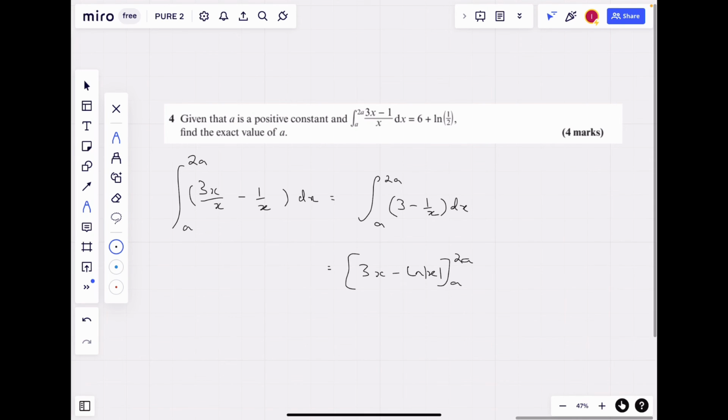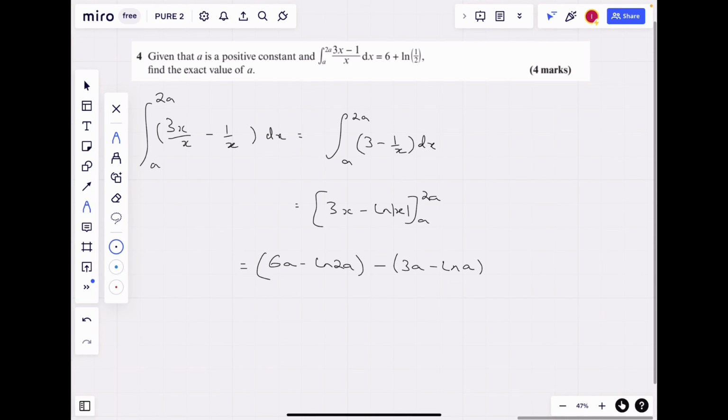Let's plug it in first. So 6a minus ln 2a minus 3a minus ln a. Okay, now 6a minus 3a is 3a. Minus ln 2a minus ln a is the same as minus ln 2a plus ln a.